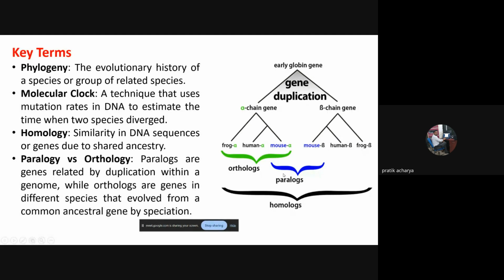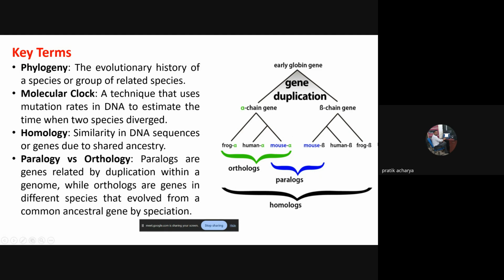But paralogs are genes related by duplication within a genome. That means the same mouse has an alpha gene and a beta gene. That is the paralog condition. In human also, we can compare human alpha with human beta. They are also paralogs. So if we are talking about within the same group, within different organisms, we can use this word homology.